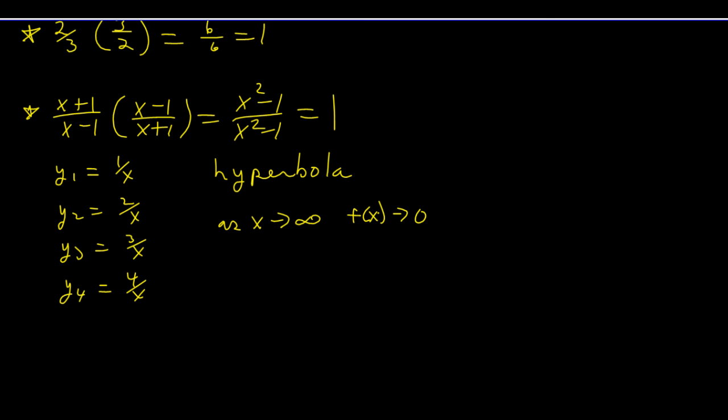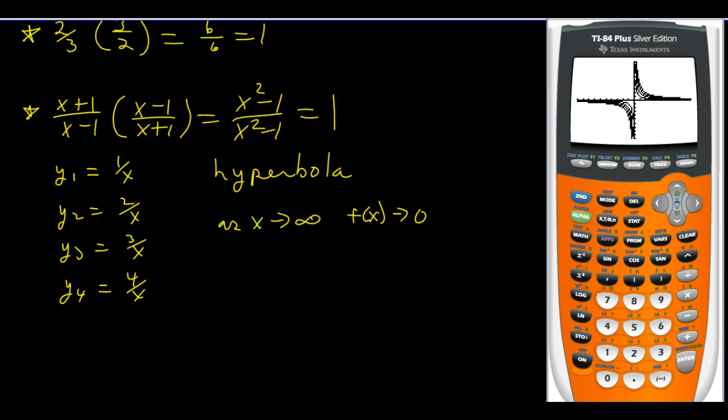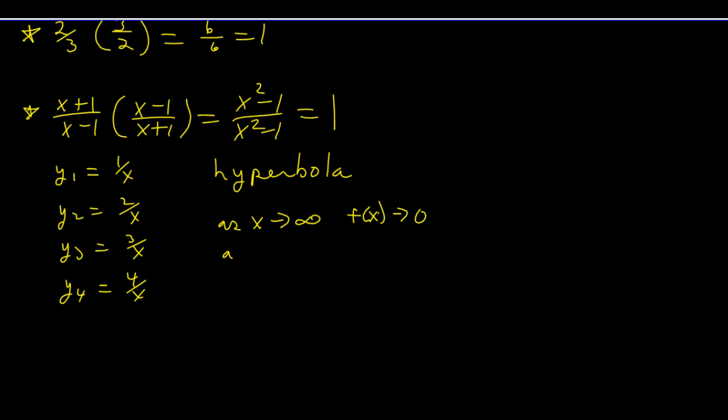So when I look at my graphs, as my x values get larger and larger out here, the y values get closer and closer to 0. Also, I want you to notice that as x approaches negative infinity, f of x also approaches 0.